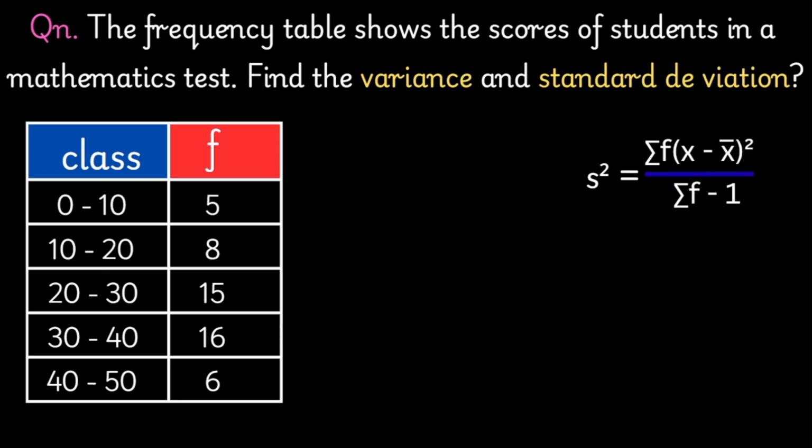We also need the standard deviation, which is denoted by s, and the standard deviation is basically the square root of the variance. So this shall be the root of s squared.